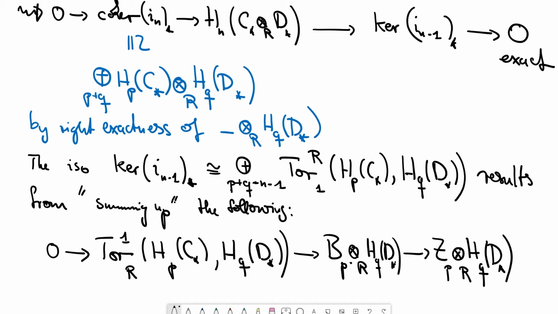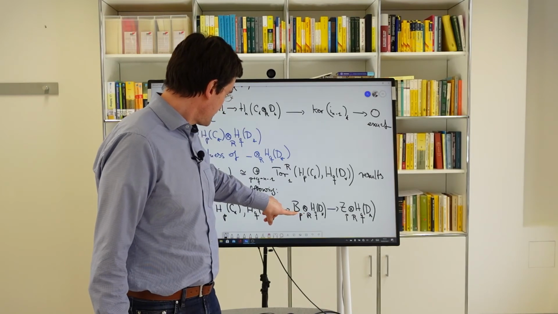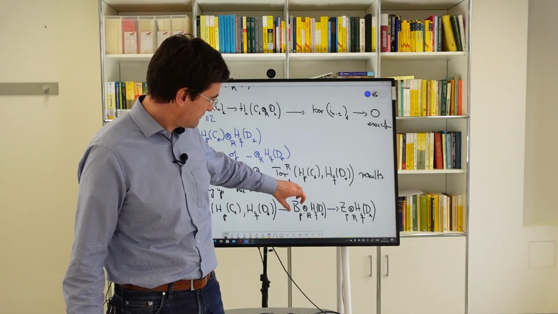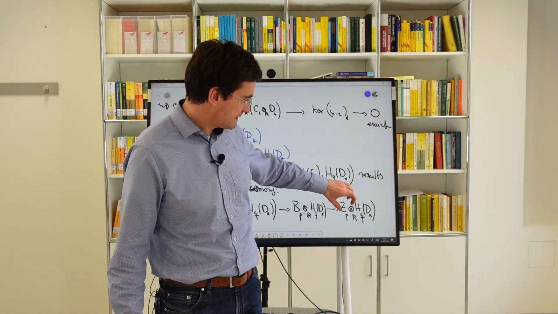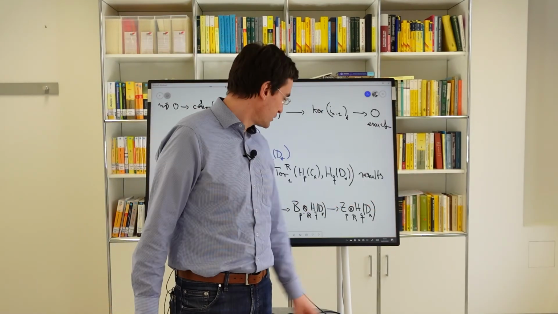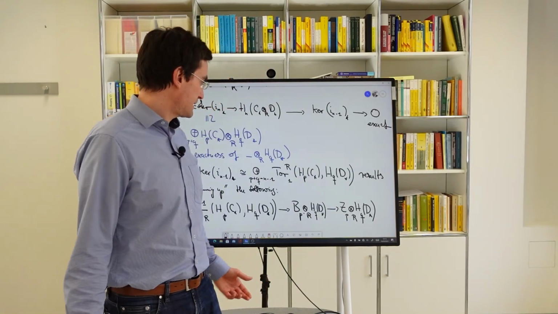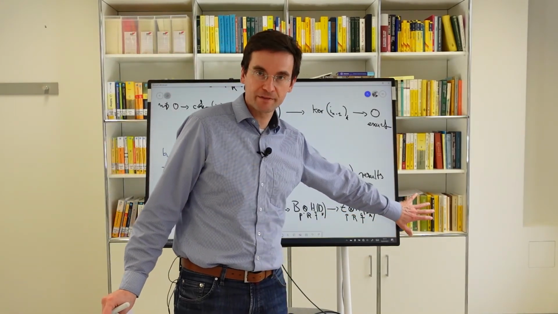All right, so let's look at this. What we have here is a short exact sequence that we start with, namely the inclusions of the boundaries into the cycles, and then there would be another term, the homology of C star. Okay, so that's a term I just dropped here.